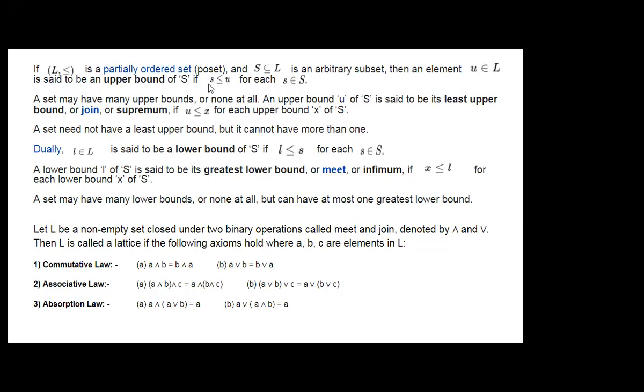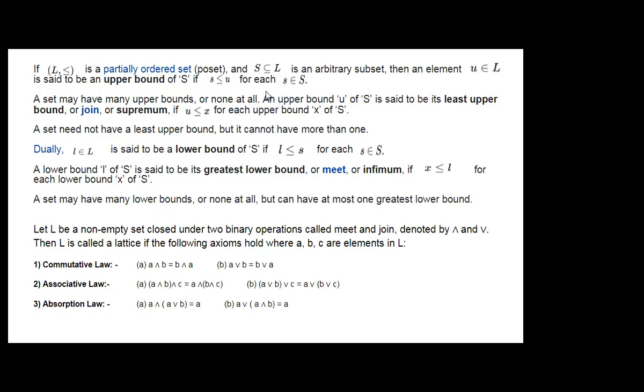If s is less than or equal to U for each s belonging to S. Each s means the small s belongs to this capital S, and then again performing the relation with U. U is what?